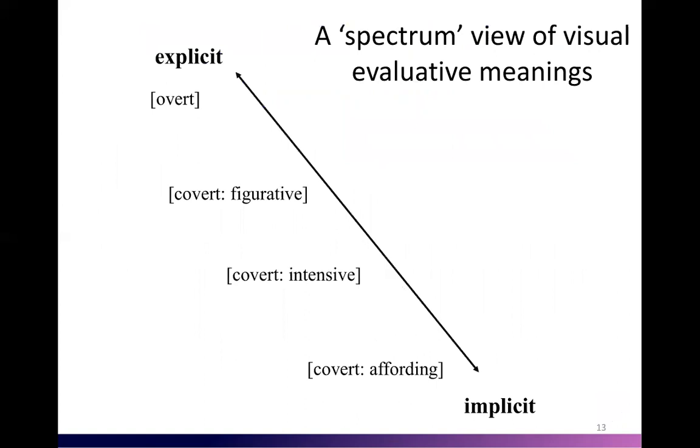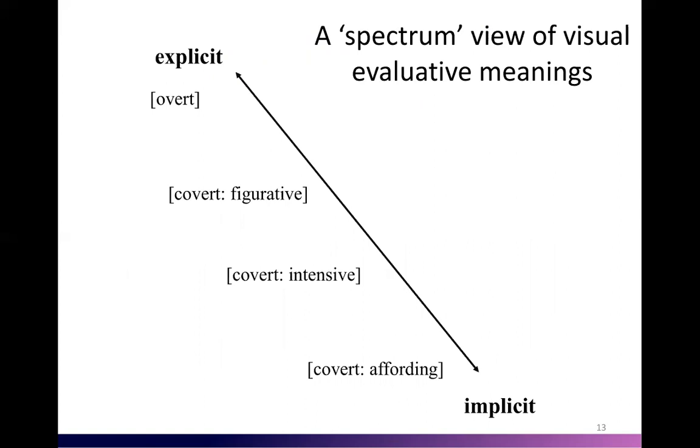Therefore, in my investigation, I adopted and further developed Economos' idea of visually inscribing and evoking attitudes by proposing a spectrum of visually expressing the emotional value of story characters, which is called sentiment. As can be seen in this slide, while I use the formalism of system networks from the SFL tradition, the meaning-making options are written in lowercase in square brackets.